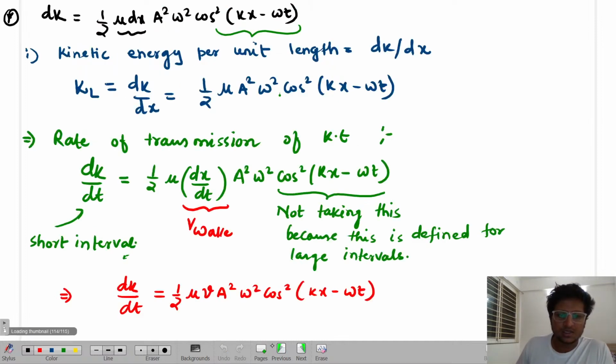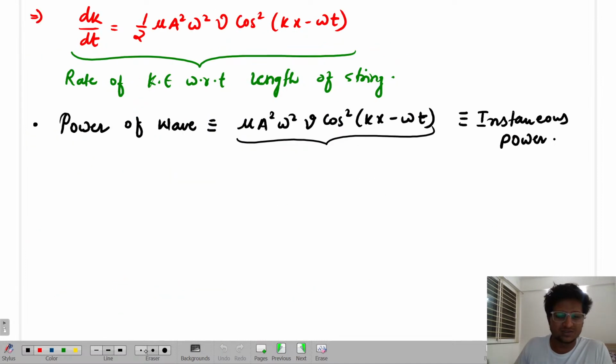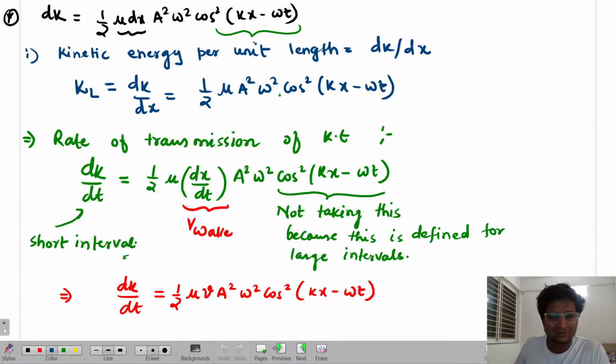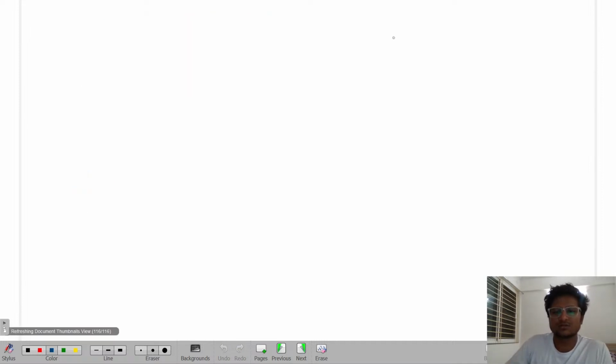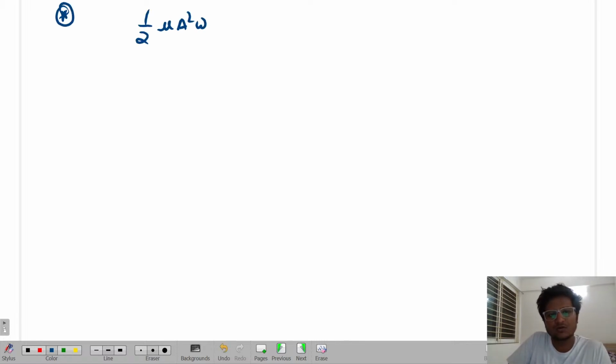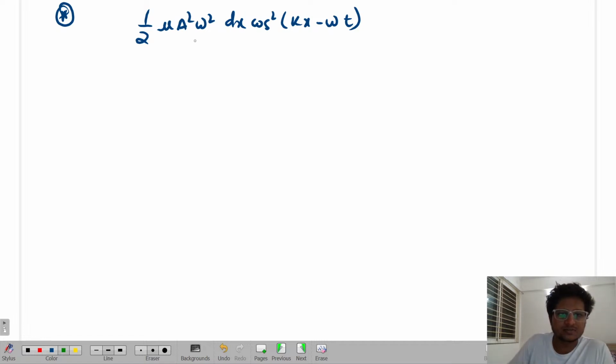Yeah, see, okay, let me do that differentiation. No book has given that differentiation. Let us do it for half mu a square omega square dx cos square (kx minus omega t). I'm taking this whole part out and differentiating the whole of this with respect to dt.